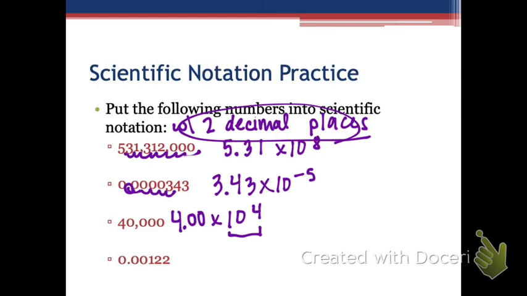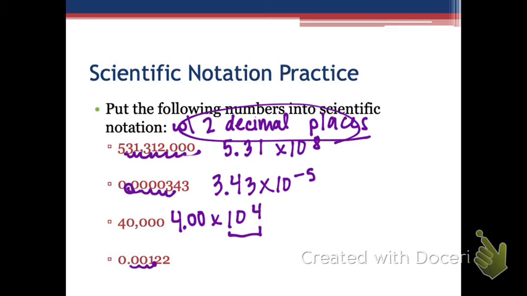Kira, what'd you have on the second one? 2.21 to the negative what? 4. Negative 4. Okay, so how'd you get 2.21? You put it right there? Okay, so here's what it would look like. We need our decimal place to go here.